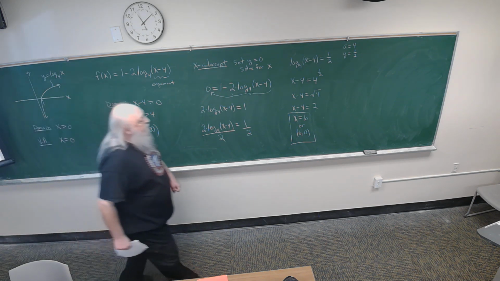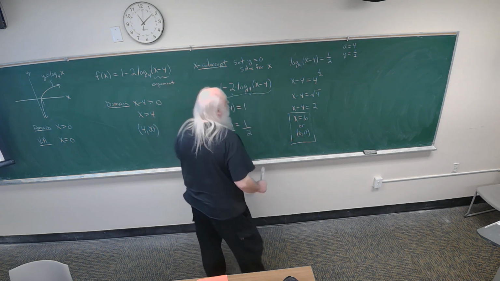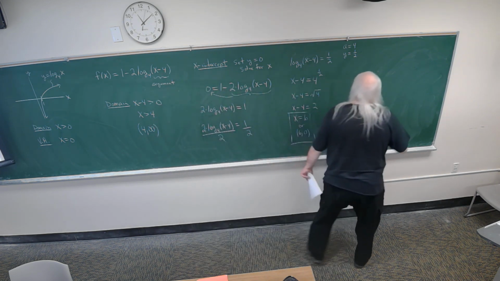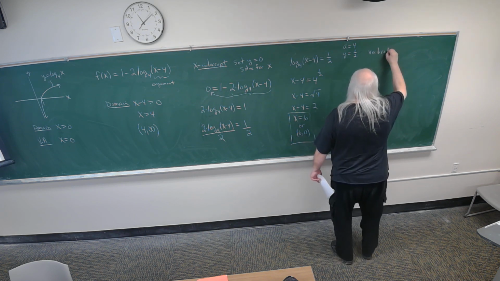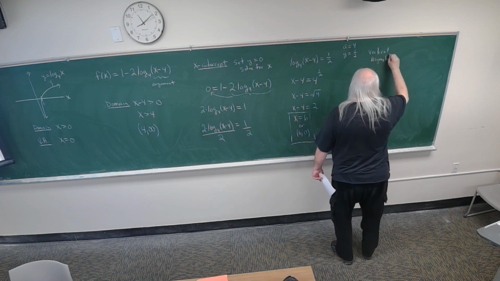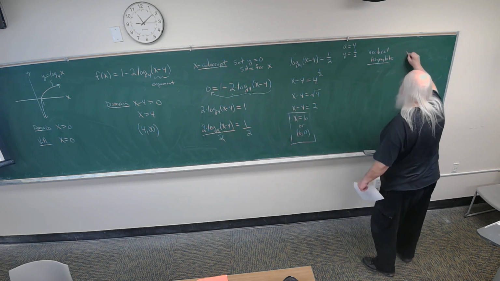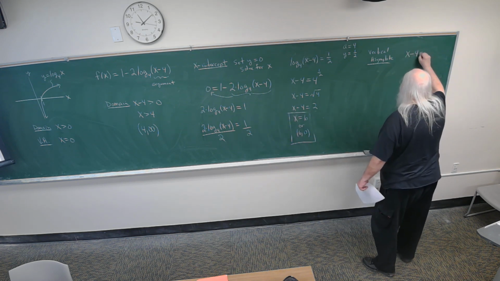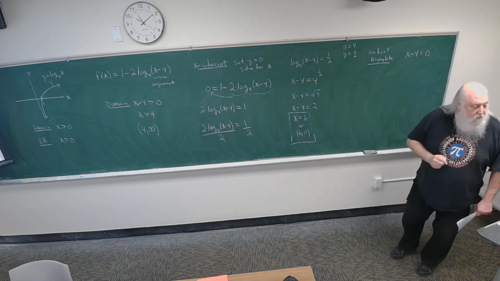Okay. So over here, the argument is x minus 4. So to find the vertical asymptote, we set the argument x minus 4 equal to 0, and we solve for x.